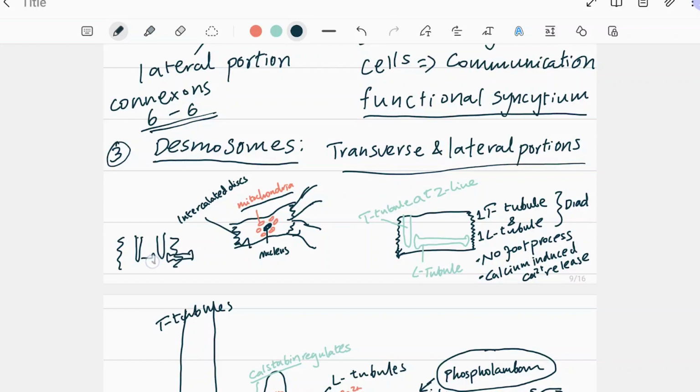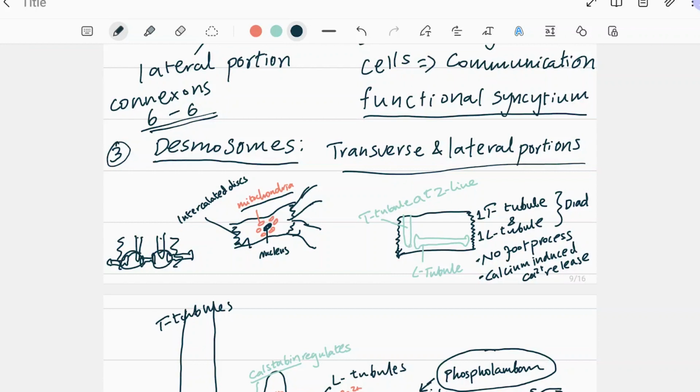So you had the triad over here and another triad over here, one T tubule and two L tubules in each of these sarcomeres. Well, in your cardiac muscle, you don't have two of these triads in each sarcomere.